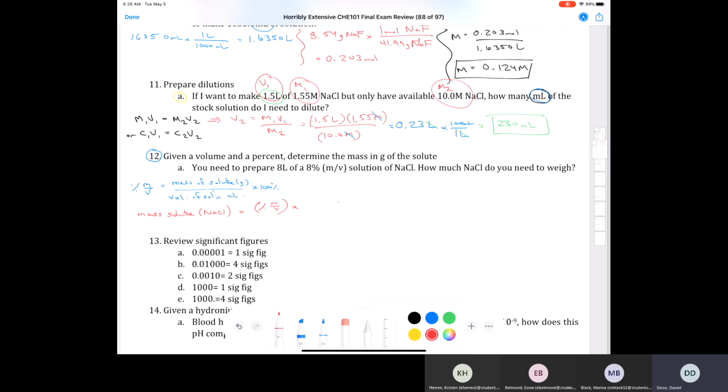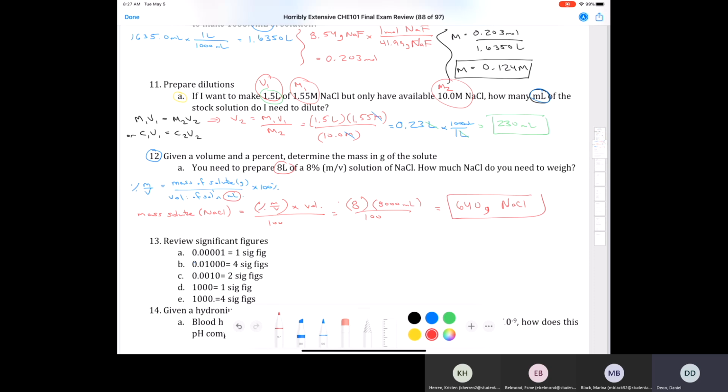Okay, times my volume divided by my 100%, and therefore let us just plug in some numbers. So we have our 8% multiplied by the volume. Again, I'm going to convert that to milliliters. So 8 liters is equal to 8,000 milliliters, and then I divide that by 100. And when you do that, you end up with 640 grams of sodium chloride.